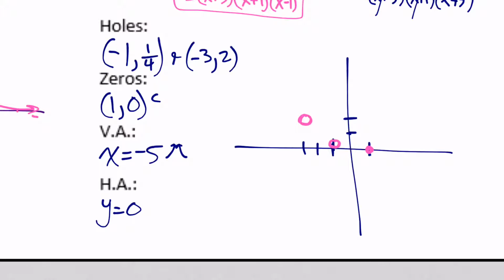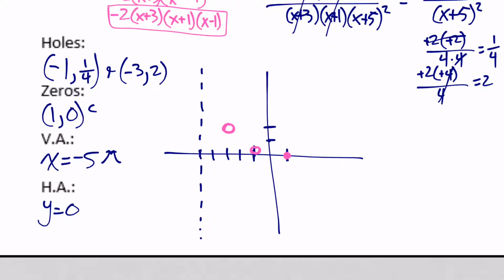We know it's going to cross. We know there's an asymptote at x equals negative 5, so 1, 2, 3, 4, 5, and we will dash that in nice and neatly. And what else? A horizontal asymptote at y equals 0, so we have that going for us.